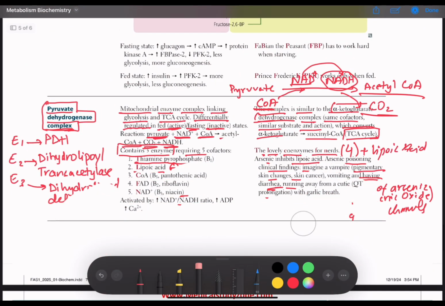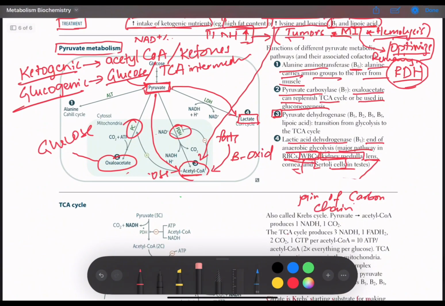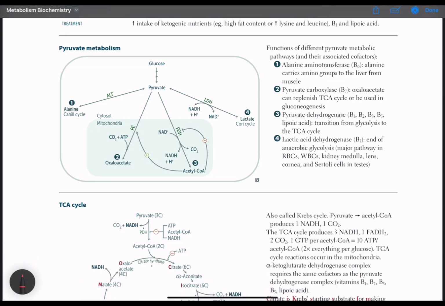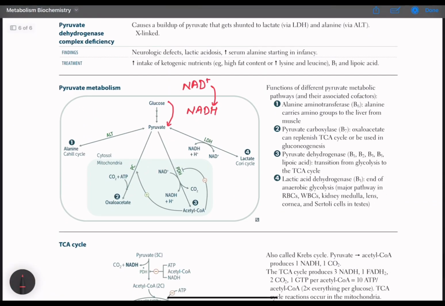the NAD to NADH ratio. During conversion of glucose to pyruvate, we have an increase in NADH. NAD plus is converted into NADH. And we have also studied that the pyruvate dehydrogenase complex is activated by an increased NAD to NADH ratio.